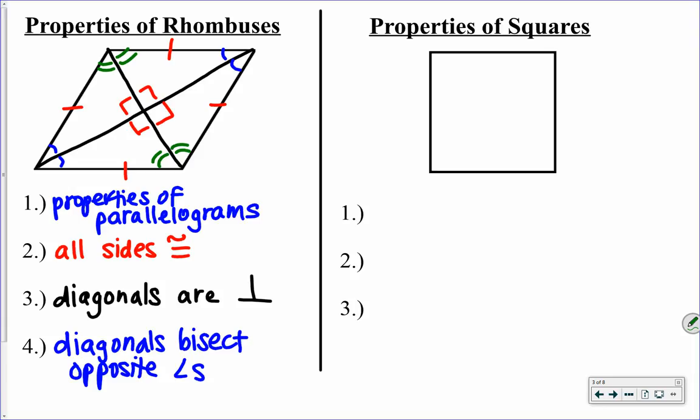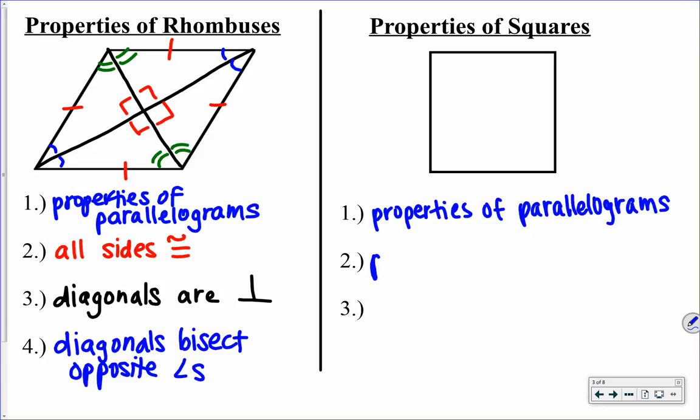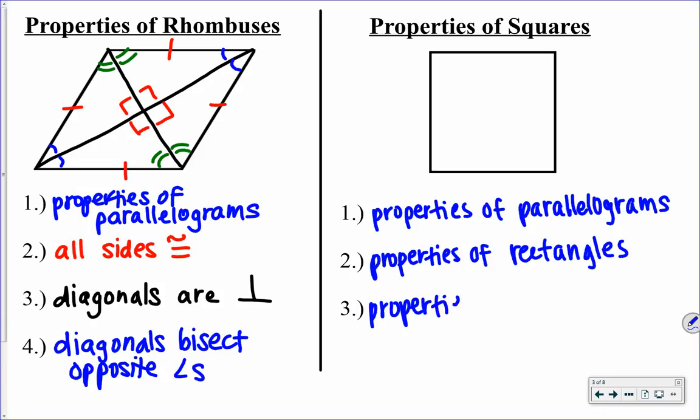So now we get to squares. Squares are extremely special because they are a parallelogram, so they have the properties of parallelograms, but they also have the properties of rectangles, and they also have the properties of rhombuses.